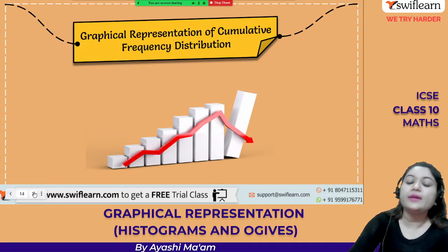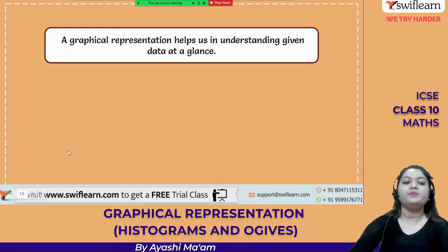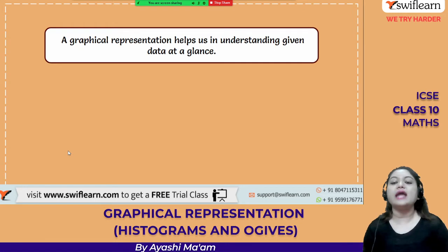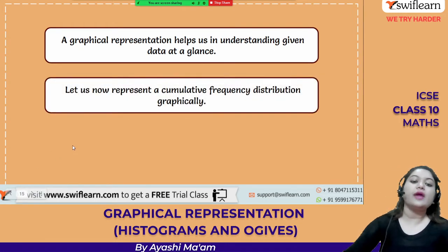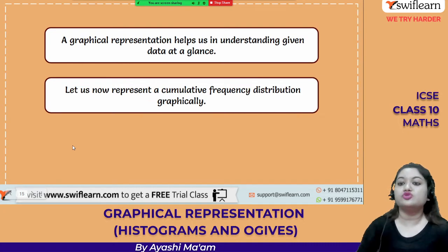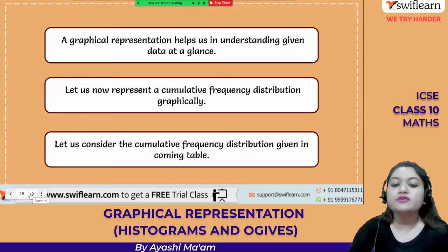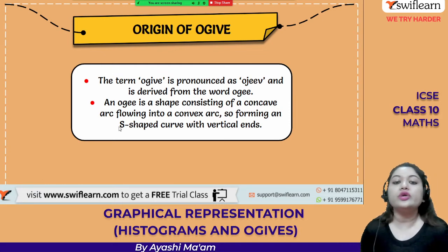So, graphical representation of cumulative frequency distribution. Whenever we do a graphical representation, it helps us in understanding the data very quickly, very easily. Let us now represent a cumulative frequency distribution graphically. So how can you represent an ogive graphically? Let us consider the cumulative frequency distribution given in the coming table. Now, what is the origin of ogive?